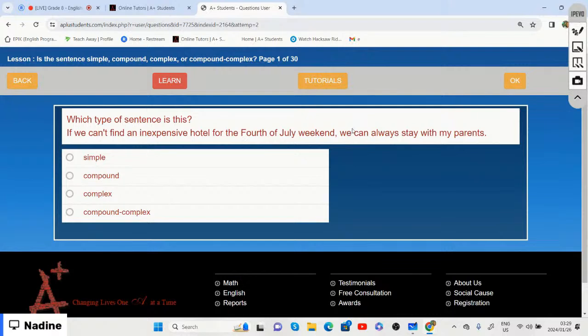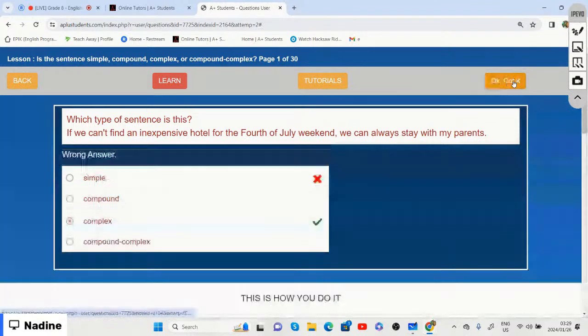All right, let's say it is, oh, so it's a complex sentence, sorry.